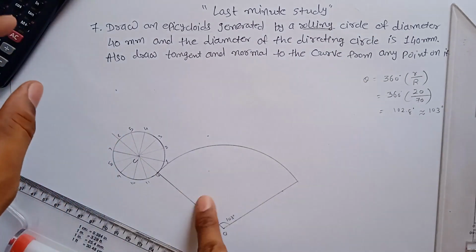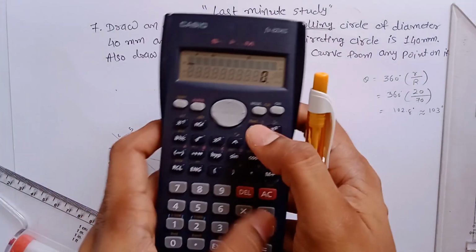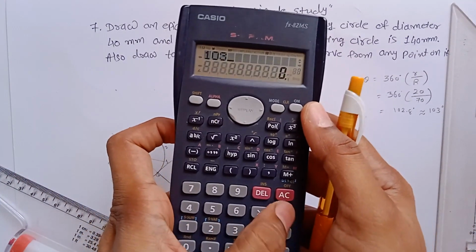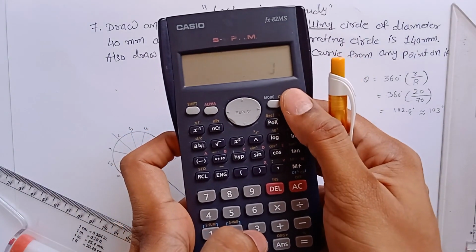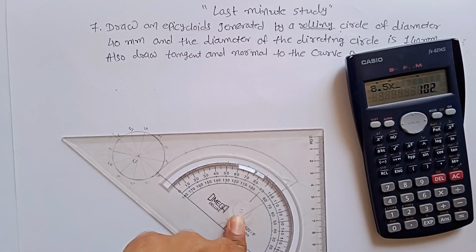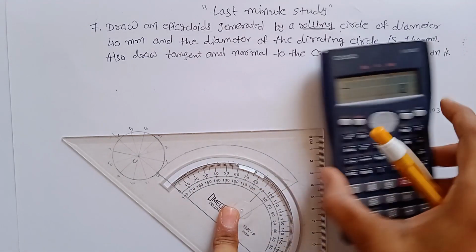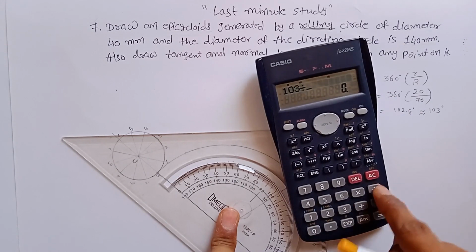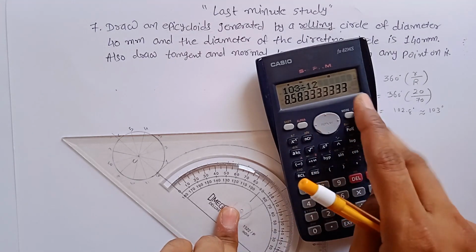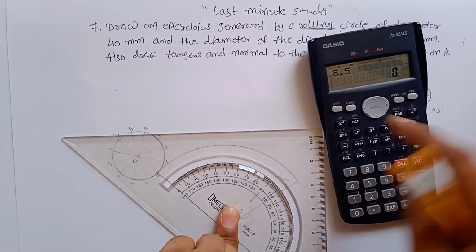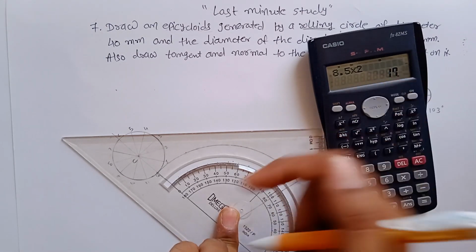That is 103 degree divided by 12, which is around 8.6, or 8.5. So take 8.5 degree, then 8.5 into 2, which gives you 17.